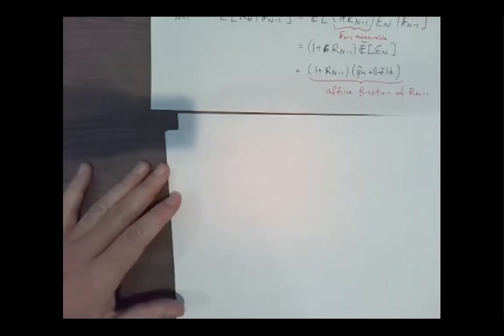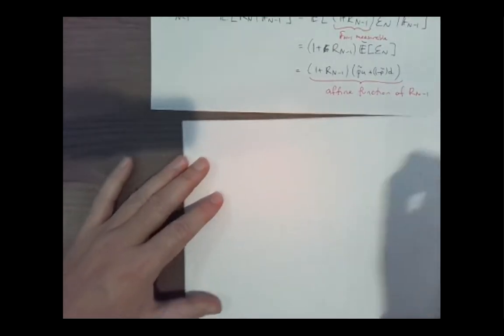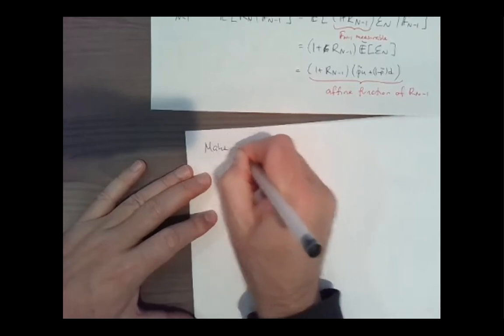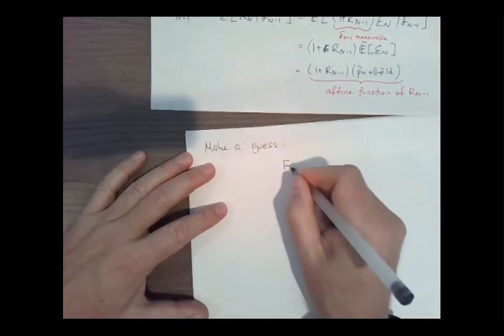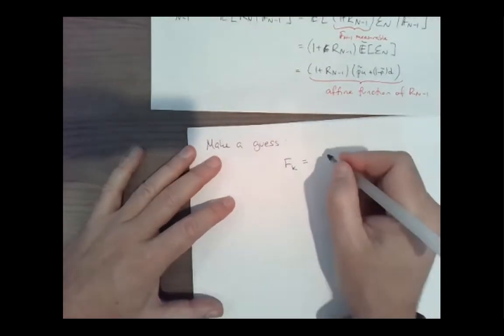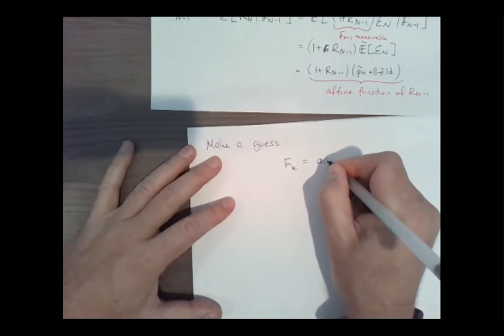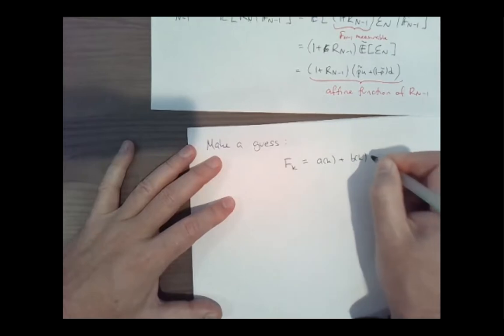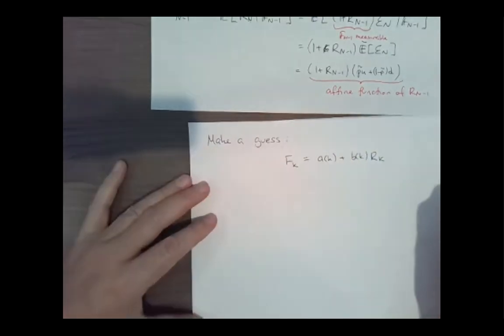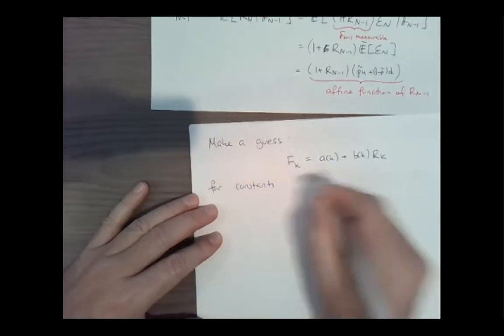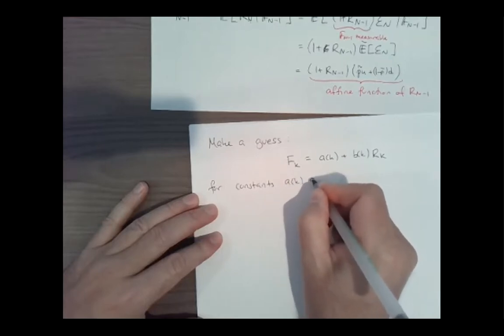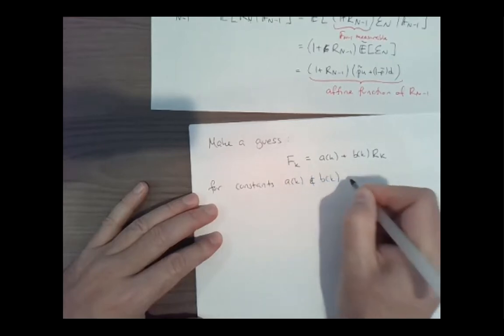So this leads us to a conjecture, a guess. We're going to say that the futures price at time k is an affine function of R_k, for constants A_k and B_k.